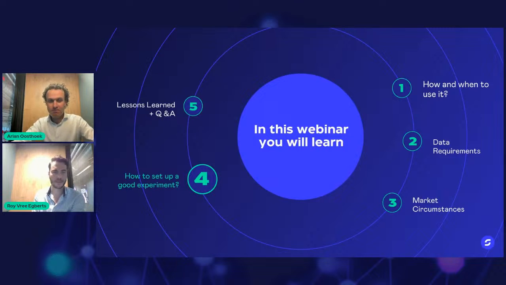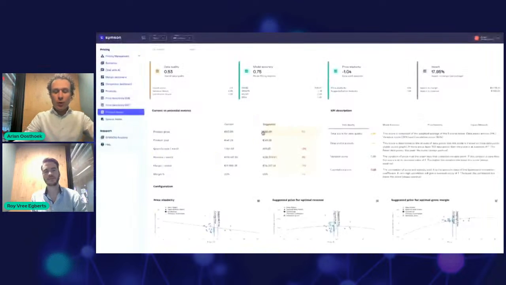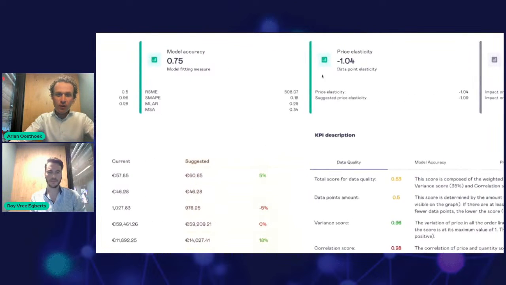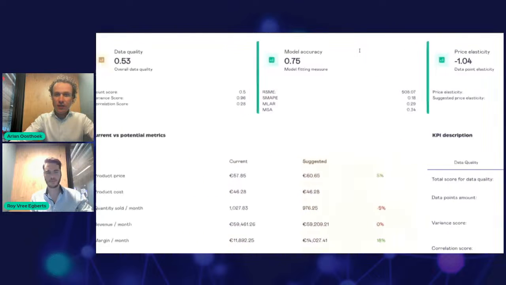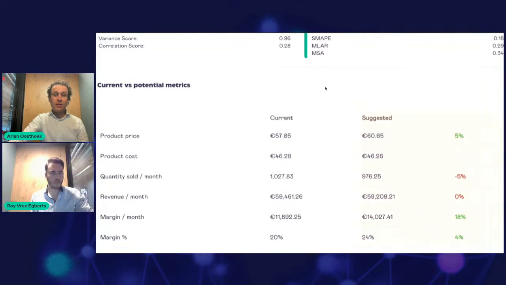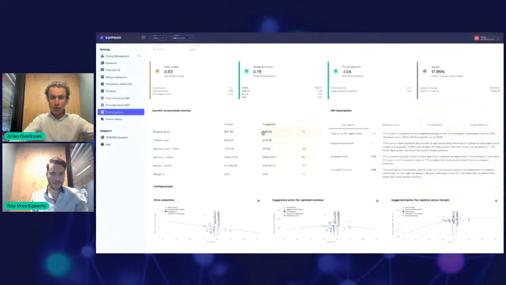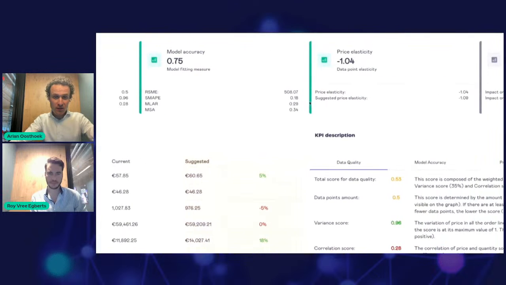Yes. On the next slide, you see the interface of Simpson. You saw some snapshots earlier on. And we always start, of course, with the elasticity score we explained earlier in the session. This elasticity score automatically gives a recommendation based upon the current price, the current cost, the current quantity, the current revenue, margin, and margin percentage.